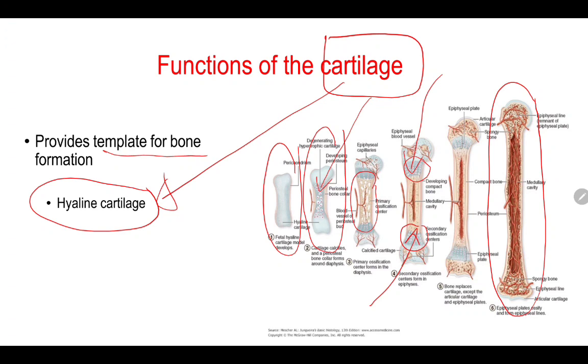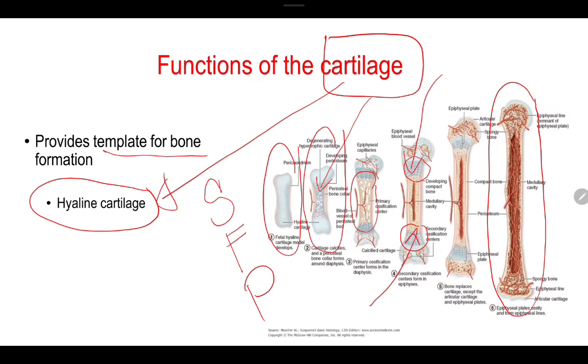I think the functions of cartilages in general are already been discussed, 'di ba? So let's have a review. Meron tayong as a shock absorber, and yung smooth surface allows the bone to glide. Pangalawa, it provides framework and support sa ating soft tissues, and by doing so, it provides protection.